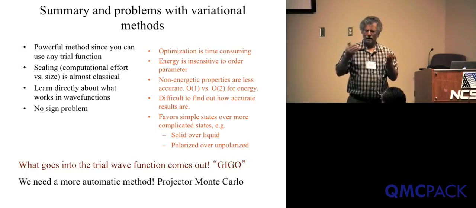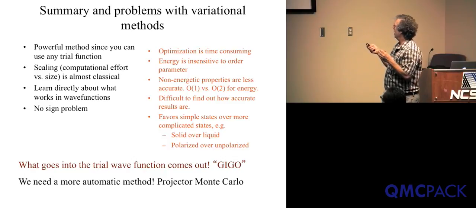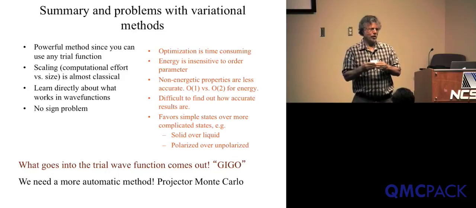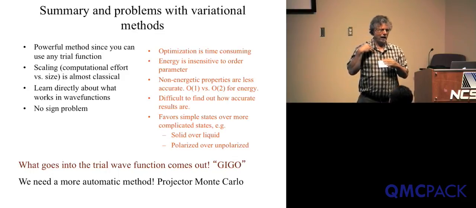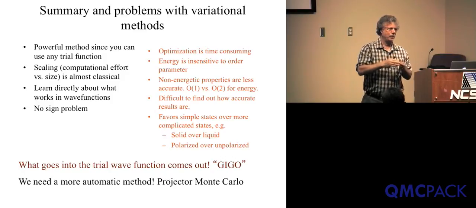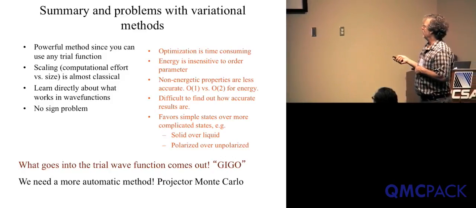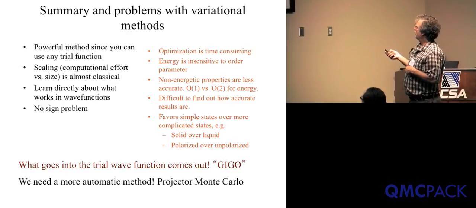And you find that simple states are favored over more complicated states. A ferromagnetic state is easier to write down a wave function for than a paramagnetic state. So you're going to get a bias towards the ferromagnetic state, and you're going to get the transition in the wrong place. It's difficult to find out how accurate the results are.